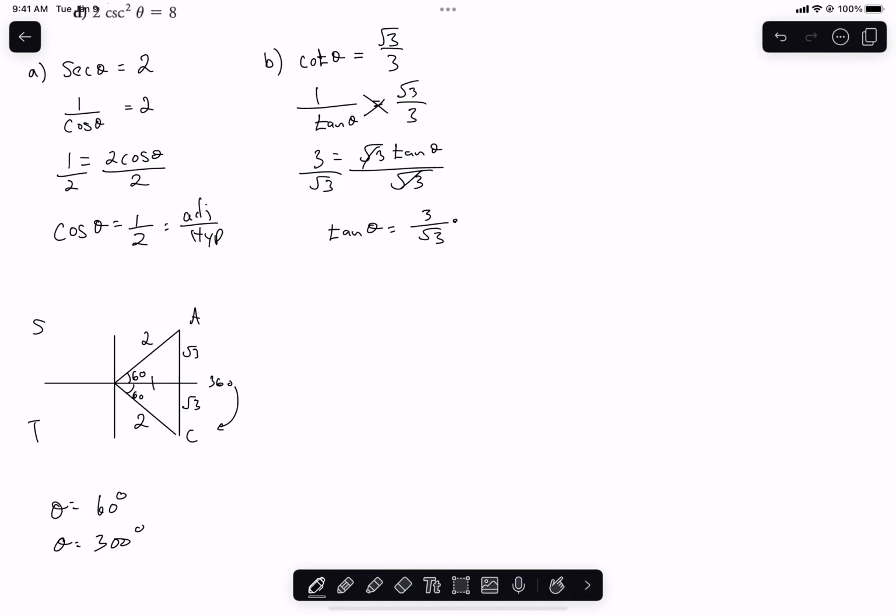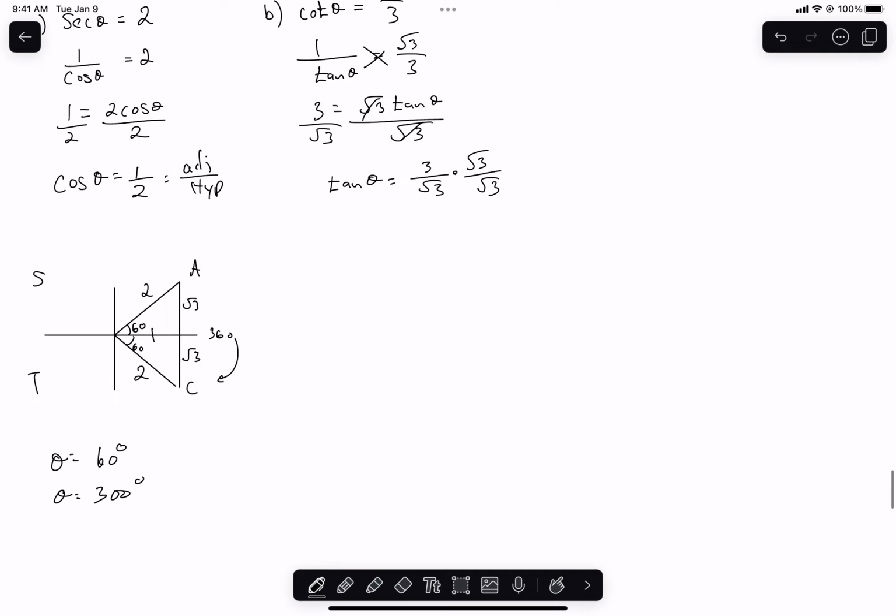So I'll just rationalize the denominator to see what happens. And I should see that the tan of theta should equal 3 root 3 by 3, okay? Which then turns into tan of theta is equal to root 3 by 1.